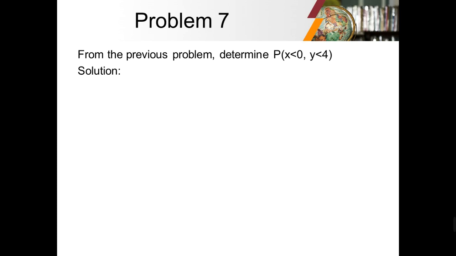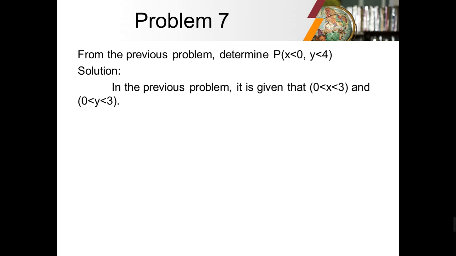Kasi, hindi pwedeng mag-less than 0 ang x natin. In the previous problem, it is given that x is greater than 0 but less than 3. So, it cannot be that x is less than 0. So, yung joint probability that x is less than 0 and y is less than 4 is equal to 0. Okay?